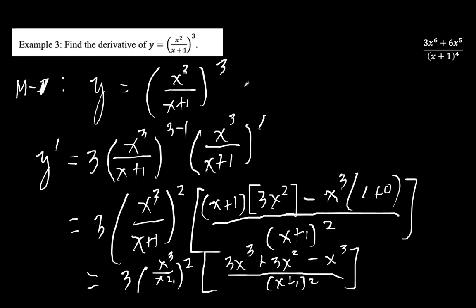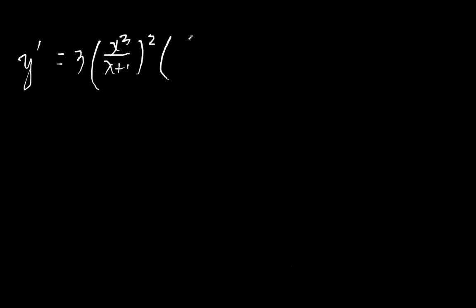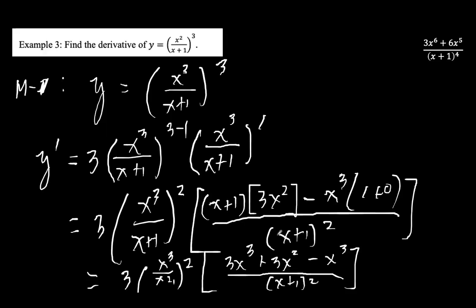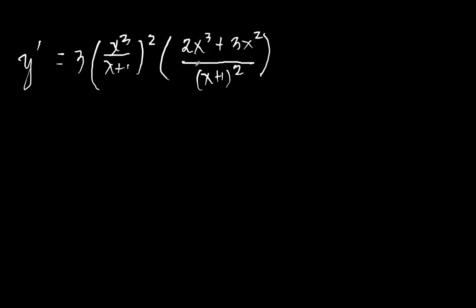This becomes 2x cubed plus 3x squared, all over x plus 1 squared. Let me just check 2x cubed plus 3x squared. There we go, so we're correct. And we can still simplify this.